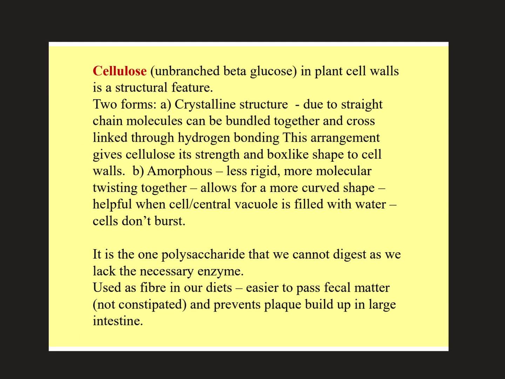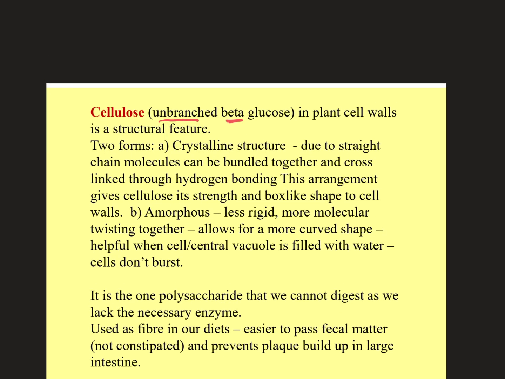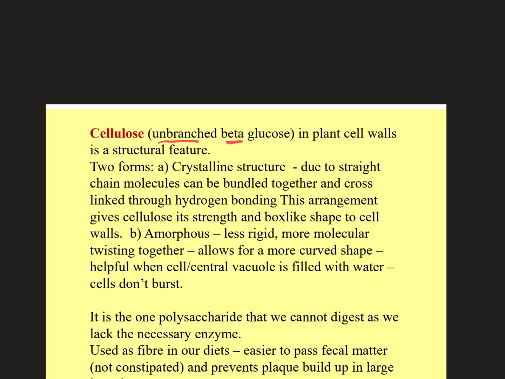So cellulose is considered to be unbranched, but instead of using alpha glucose, we are now going to be using beta glucose. And I should have thought about this, but when we're looking at starch and glycogen, remember those are all alpha glucose.